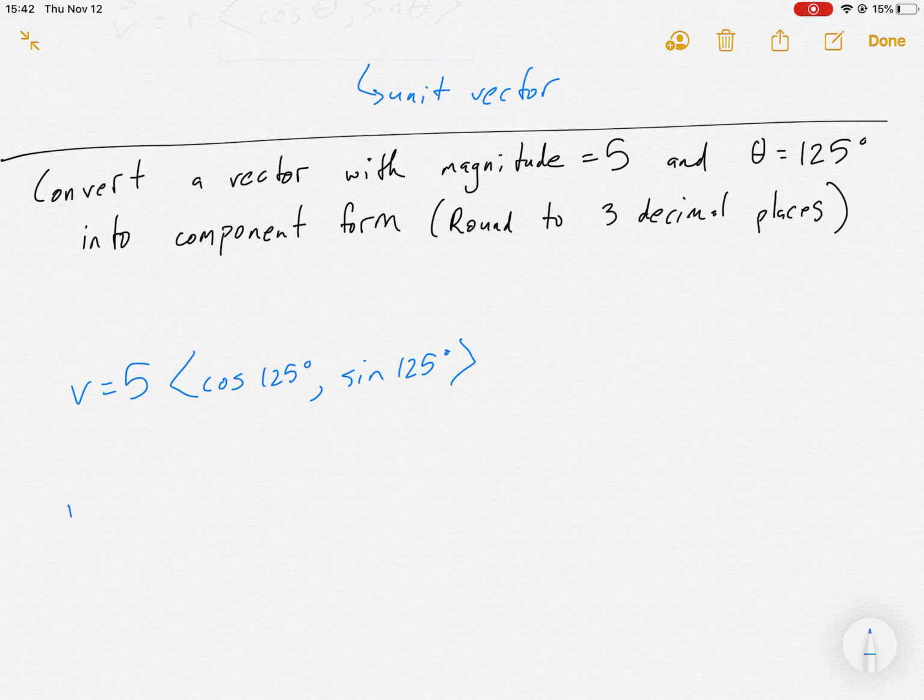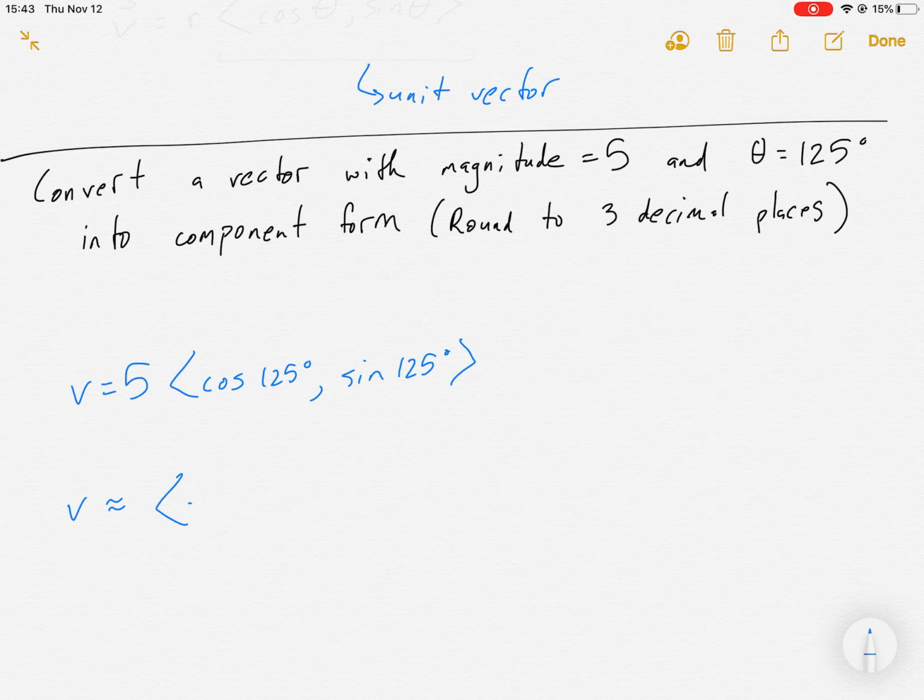Now we just have to actually plug this into the calculator and see what we approximately get. So let's go ahead and open up a calculator. And we're going to do 5 times cosine of 125. That gives me about negative 2.868. And then 5 times sine of 125, 4.096.